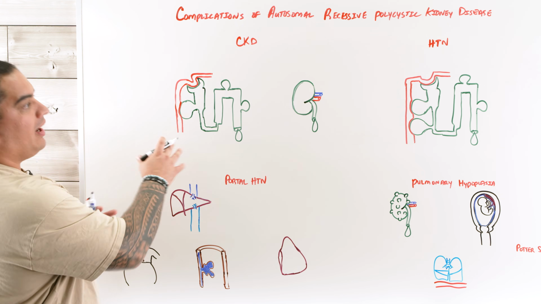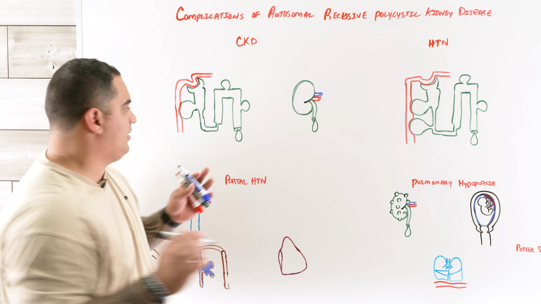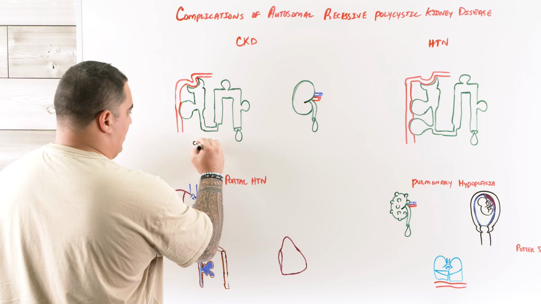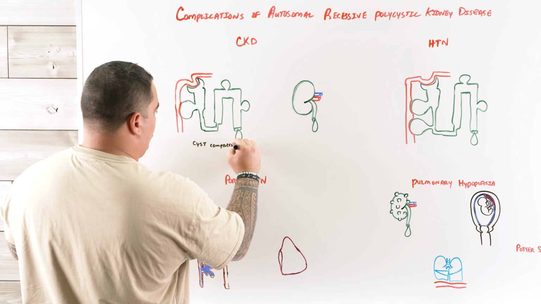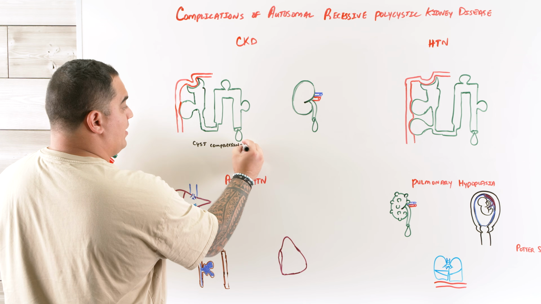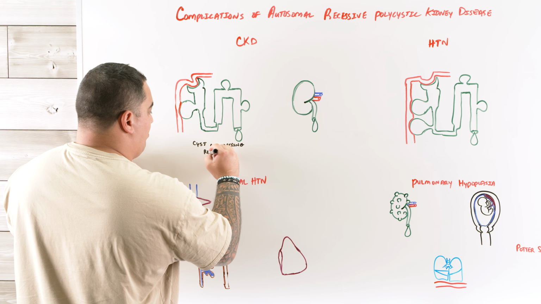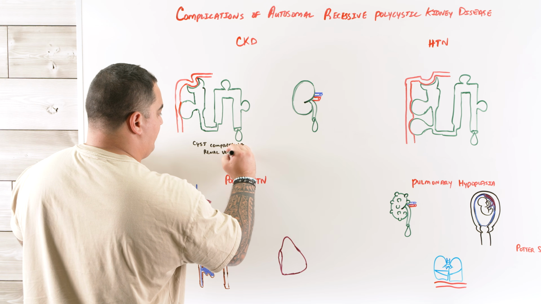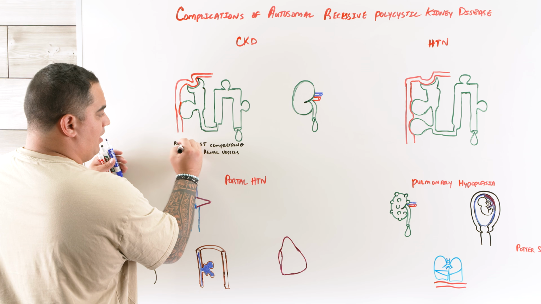The concept behind this is exactly the same as we talked about in autosomal dominant. You've got this cyst here that is compressing your renal vessels. It's compressing all kinds of renal vessels, neighboring nephrons, their own nephrons. Blood flow is supposed to be running through this. This is renal blood flow.